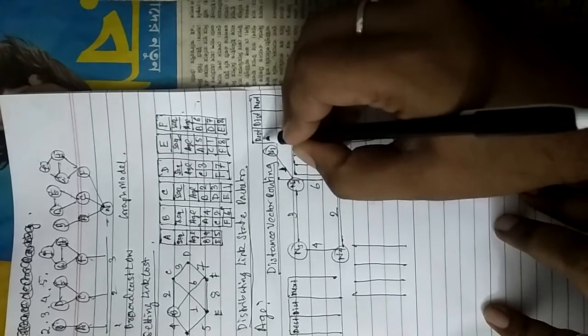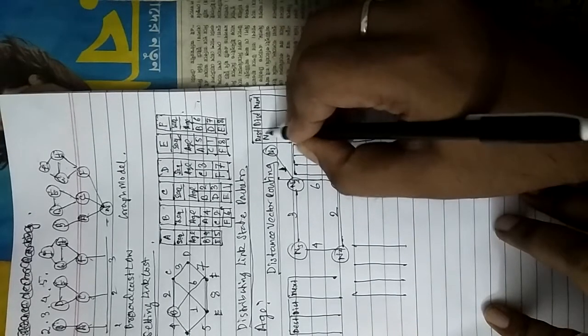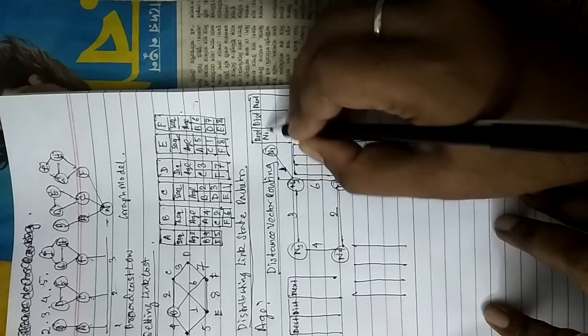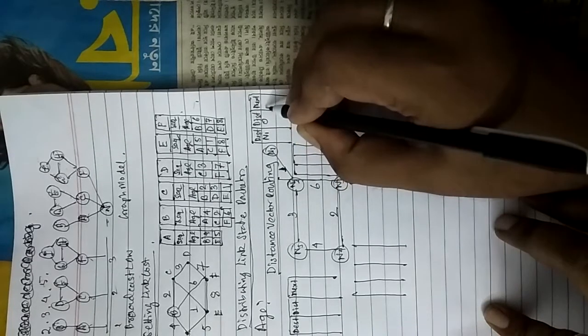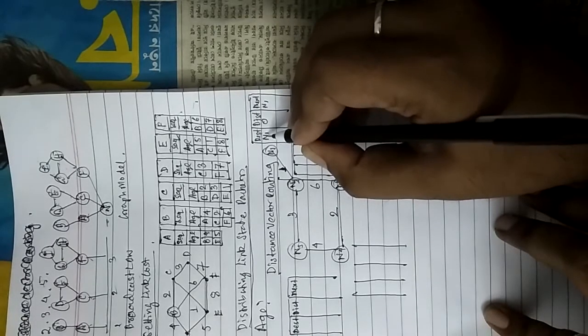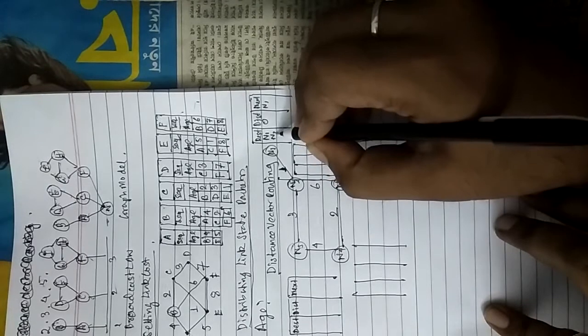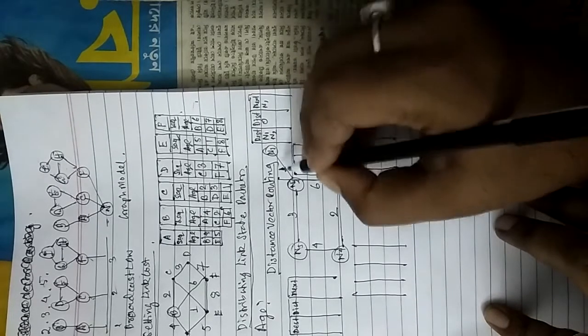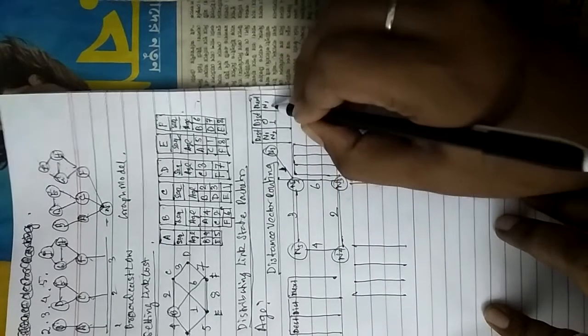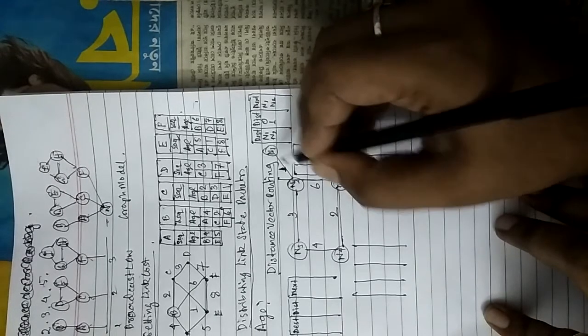So suppose from n1 I want to go to n1. What is the distance? N1 to n1 distance will be 0, no problem. And what is the next node? It is n1. If I want to go from n1 to n2, the cost is 1. And what is the next stop? It is n2.